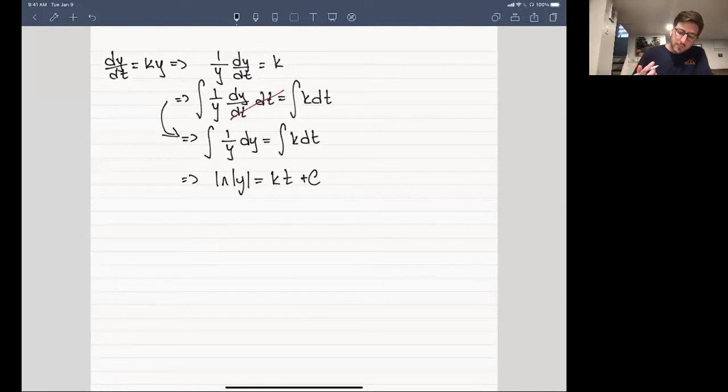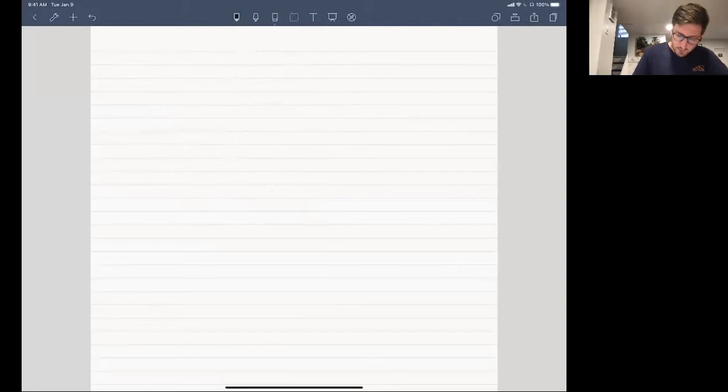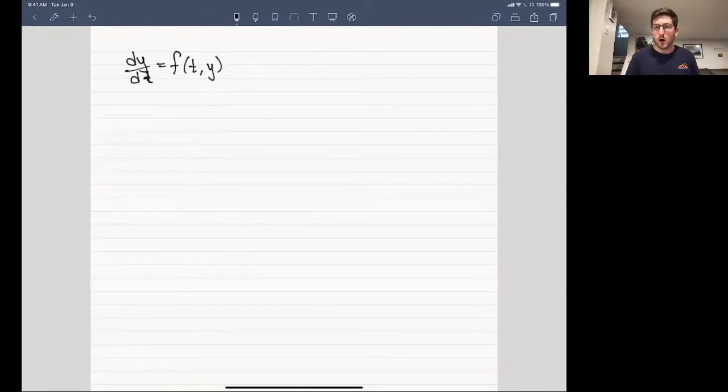Okay, so then how about if I give you a general ordinary differential equation? If I give you something that looks like this, again, you have some quantity y, which depends on time t. This could be x if you wanted it to be, too, and its slope is given by some function of t and y.